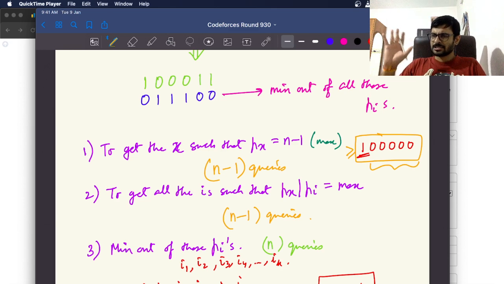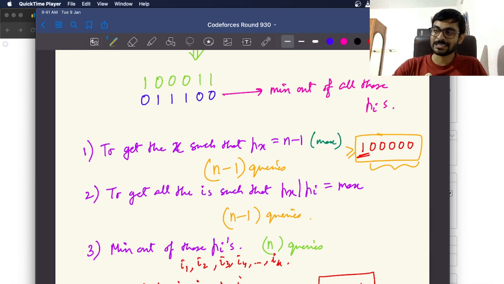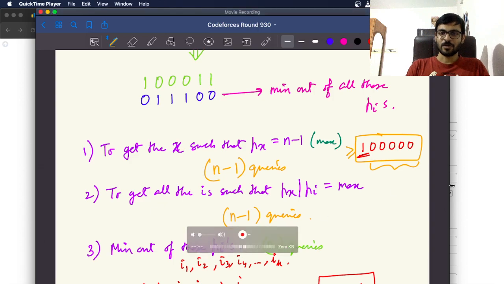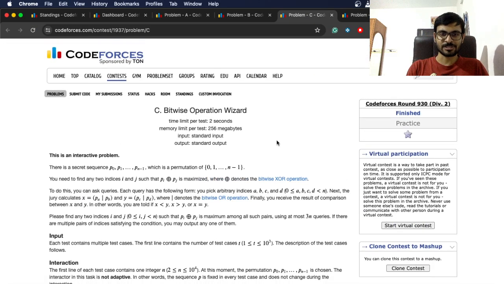So the only point I want to make is that it is not necessary to find out this maximum, but it is useful over here to find out this maximum. Without finding the exact maximum also, you can complete it. Probably it won't improve far better than this, but you can complete it at least with these many queries. So yeah, that is what these three questions teach us.